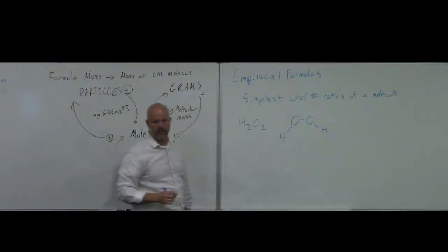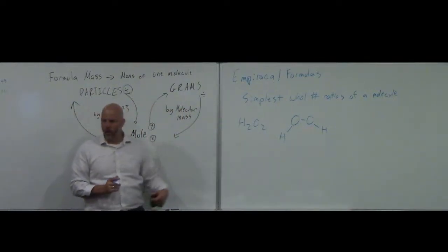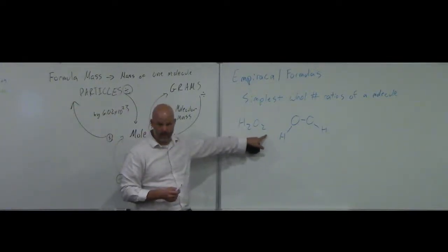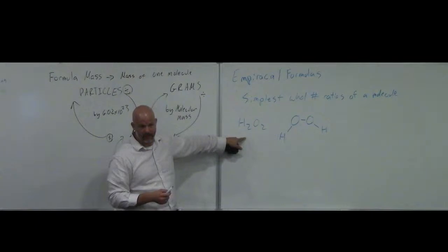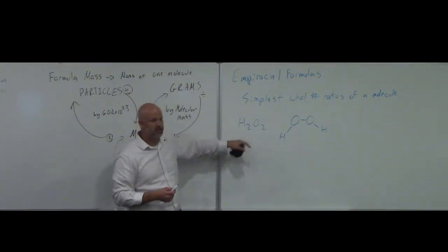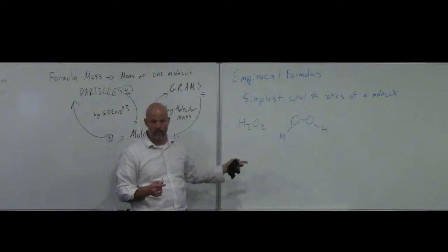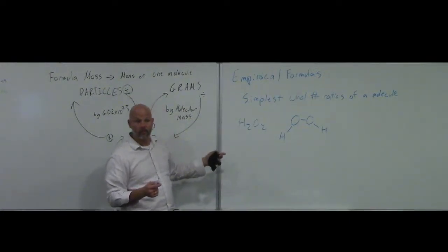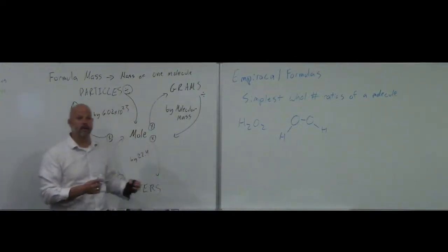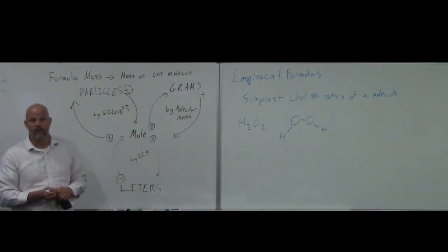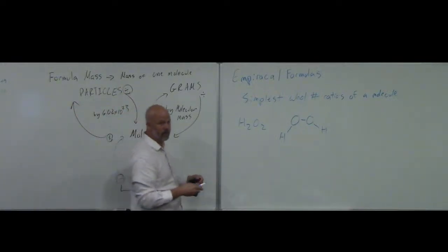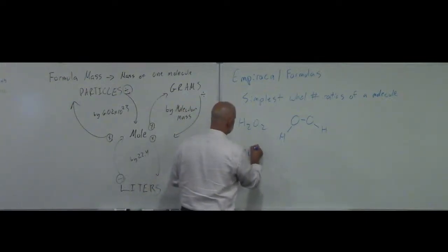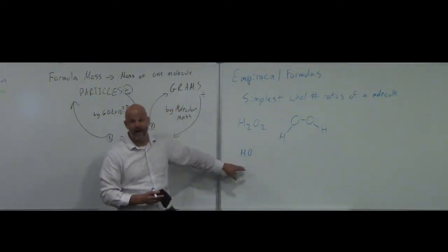But that is not the simplest whole number ratio, right? I can simplify this, yes? What's my least common denominator for H2O2? 2. So if I divide this by 2, what do I get? HO, right? So that's my empirical formula. It's basically just showing me my ratio of hydrogens to oxygens.